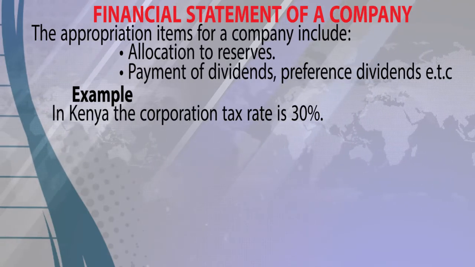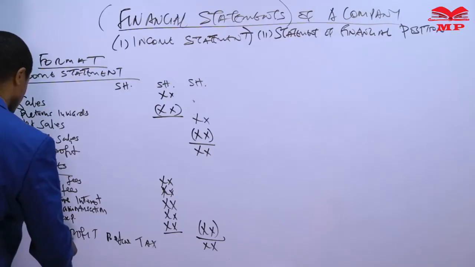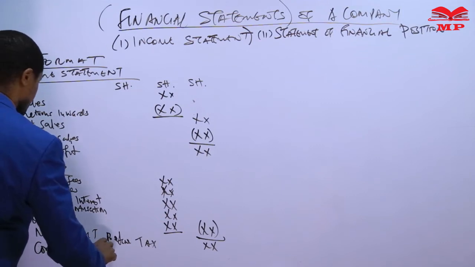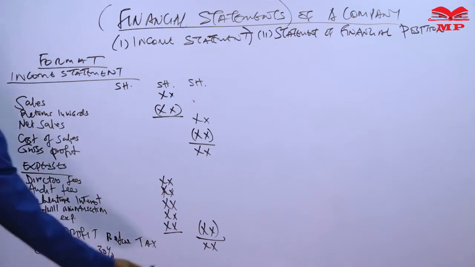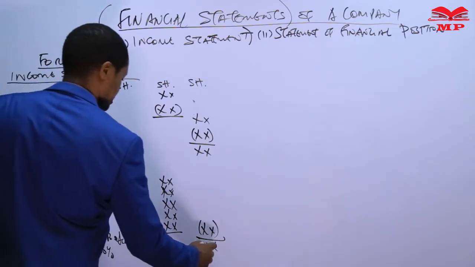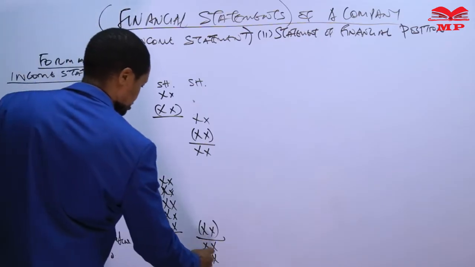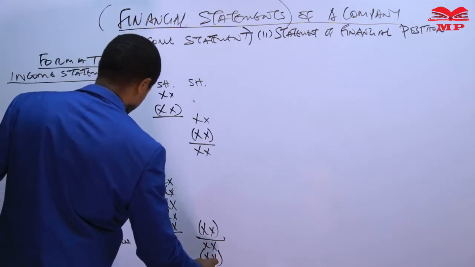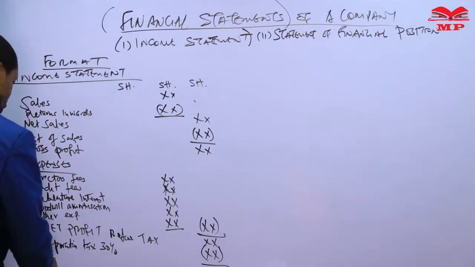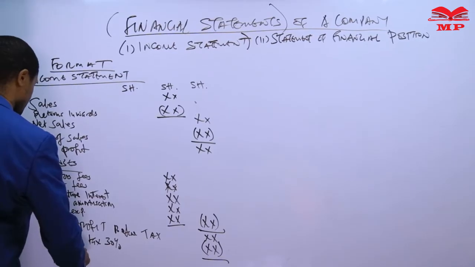So corporation tax at 30% should be deducted. 30% of that profit will give us the taxation, which should be deducted from the profit before tax to arrive at profit after tax.